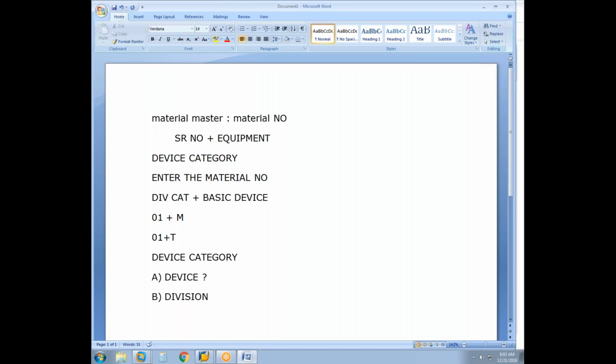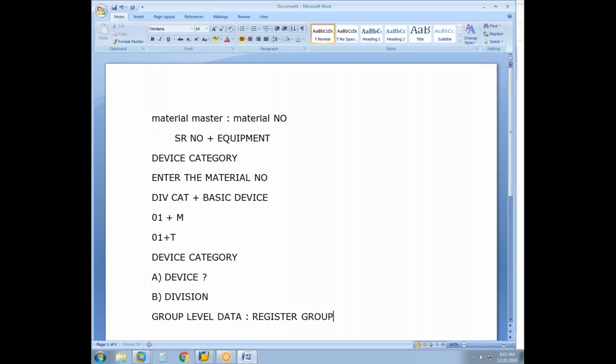Now depending on the basic device category and the division category, there may be some important group level data that we have to enter in the device category. And if it is a meter, whether it is electricity, water or gas, if you are creating with reference to basic device category as a meter, we have to enter a register group.